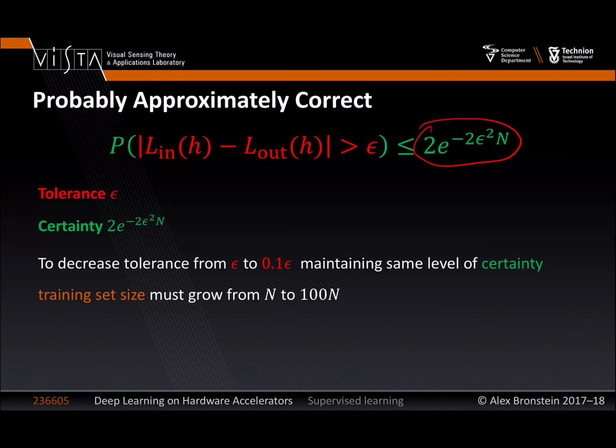So basically the tolerance is responsible for the approximately, and the certainty is responsible for the probably in the probably approximately correct setting. Okay, and you see that we have a quadratic dependence on epsilon. So if we would like to decrease the tolerance tenfold, so basically we would like to be more strict about the exactness of this equality, we need to increase the sample size by 2 orders of magnitude. Okay, which still might be very impractical if you actually develop these bounds.